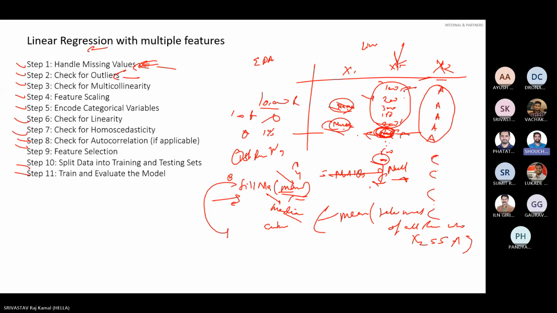We just considered those values for which x2 had value A, right? So can it be extended for multiple columns as well, for example x2, x3, x4, x5, or is it always dependent on only one column? It is extendable. It's just how well we create the relations in the data.